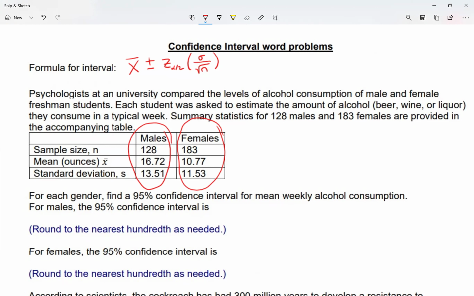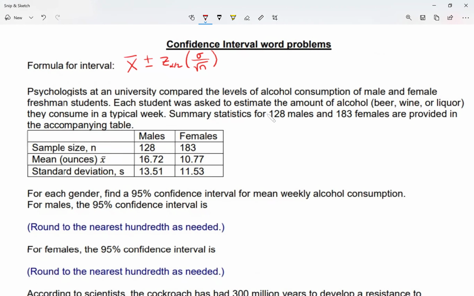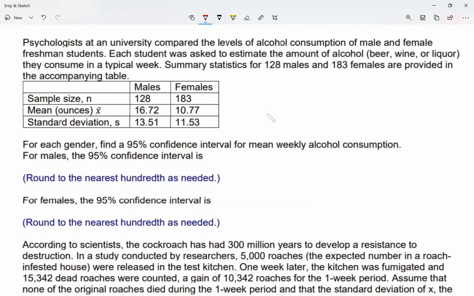Okay, so I know my table here, and I see my information. Now, let's take a look at the question below. For each gender, find a 95% confidence interval for mean weekly alcohol consumption. For males, a 95% confidence interval is, okay, so I know my formula. Let me rewrite it up here.